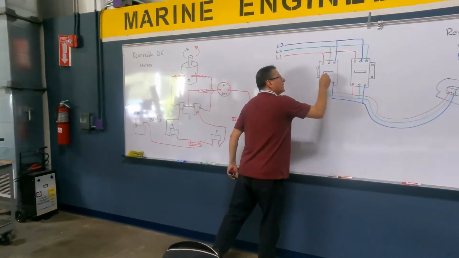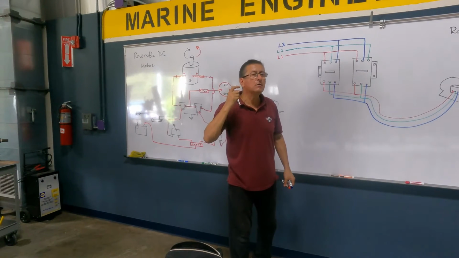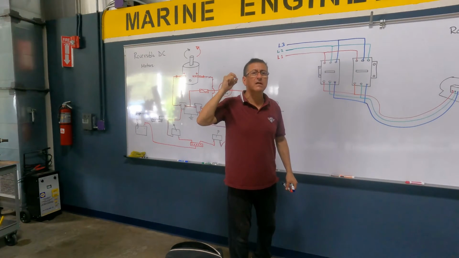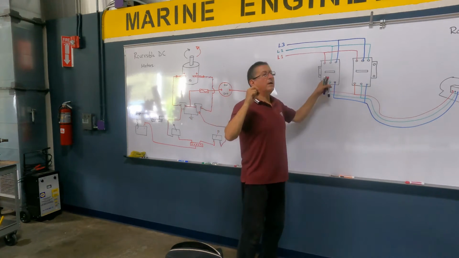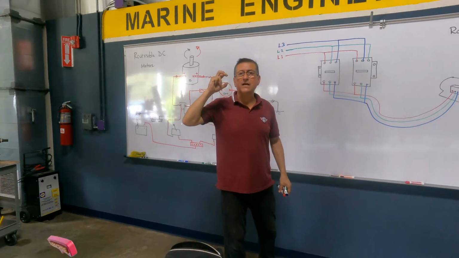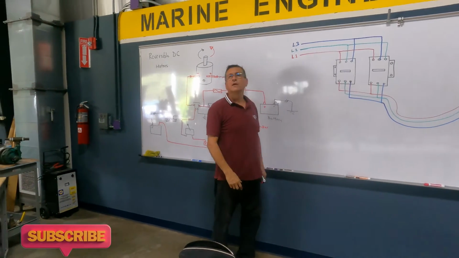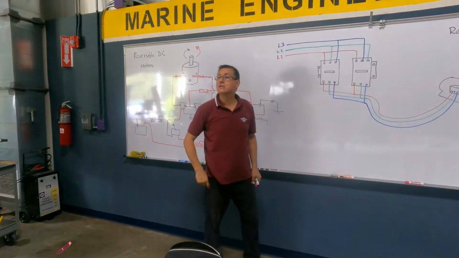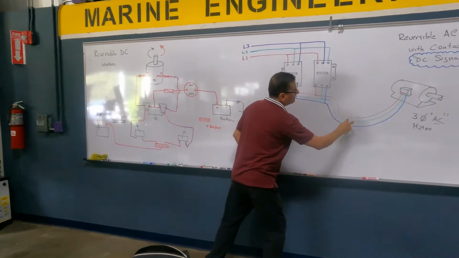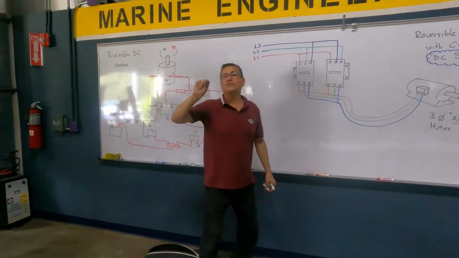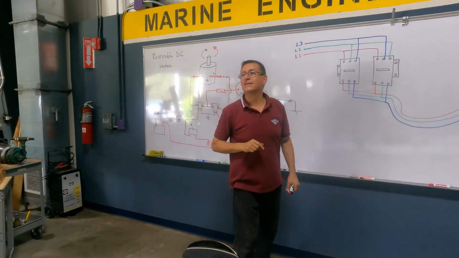When this breaker is on, what happened with the contacts internally? On, the contacts are closed. When the breaker is off, the contacts are open. When this one is on, the red, the green, and the blue go in the same position, and the motor is spinning clockwise.